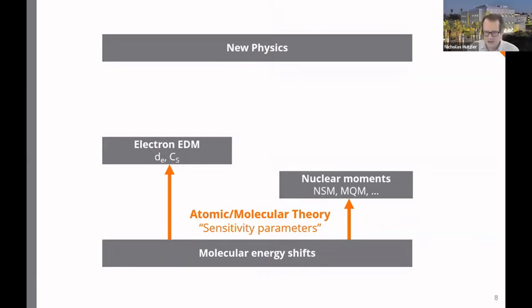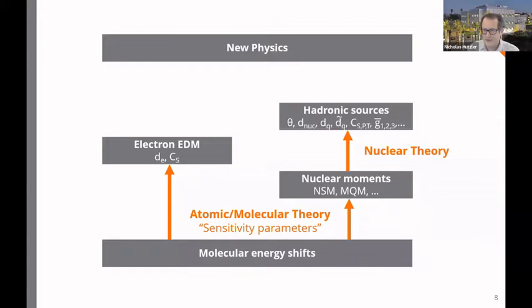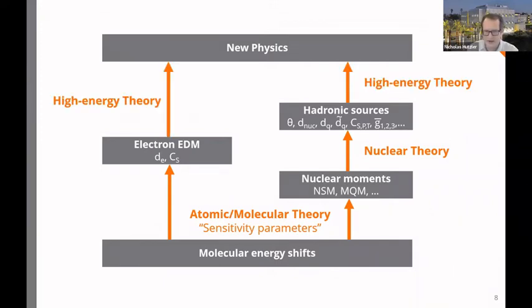And so that requires very sophisticated atomic and molecular theory. For nuclear moments, there's an additional level of complexity to connect these collective moments to underlying sources like strong CP violation or new CP violating nuclear forces. So that requires nuclear theory. And then to go from these underlying observables to new physics theories, you need high energy theory.